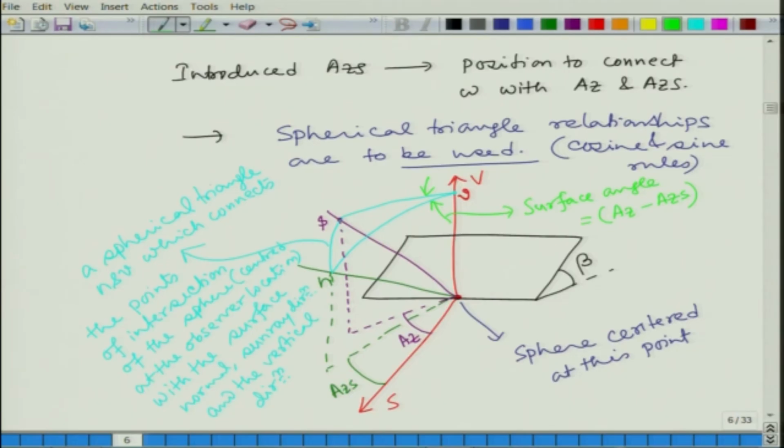Okay. So, which angle am I meaning here? This is the SVN angle on the spherical surface. Okay. What other angle can we see here?